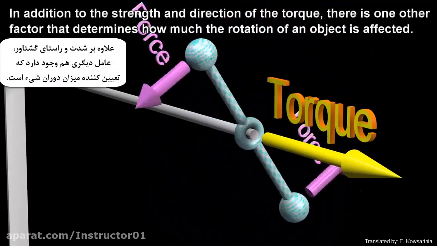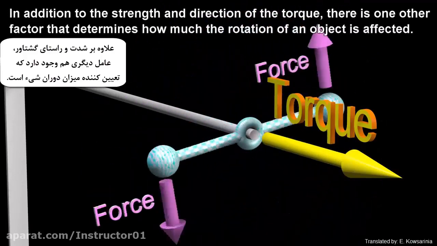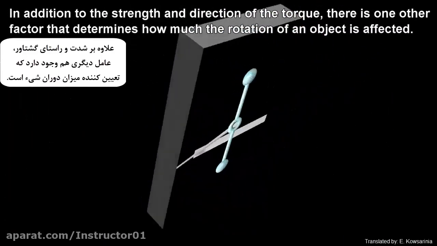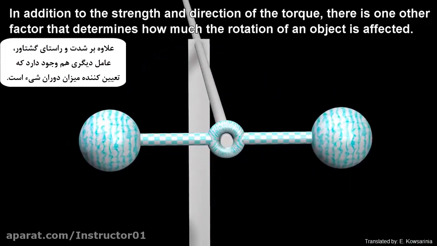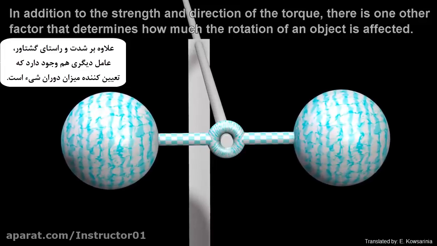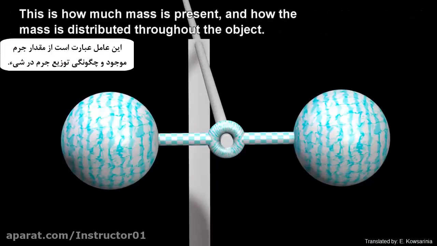In addition to the strength and direction of the torque, there is one other factor that determines how much the rotation of an object is affected. This is how much mass is present and how the mass is distributed throughout the object.